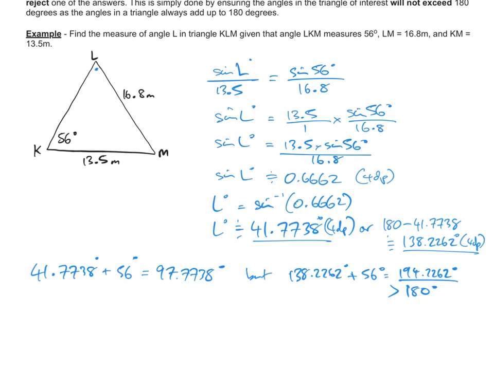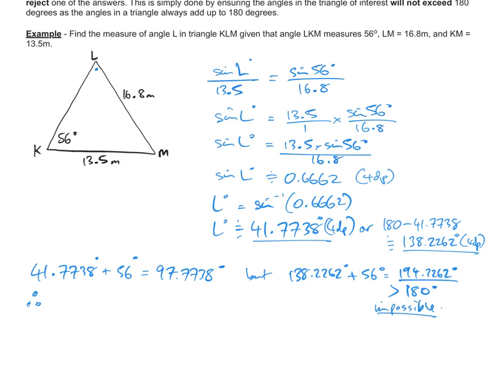So this possibility, because of the sine rule, is a possibility, but obviously it's not, because we can't have an angle that big adding 56 here and then not leaving any more angle to add up to 180 degrees in the triangle, which is impossible. So angle L being 138.2262 degrees is rejected.